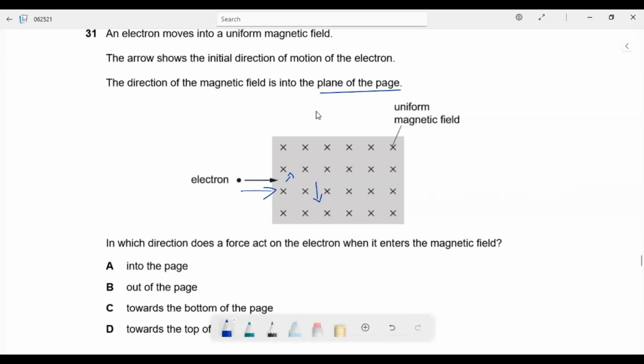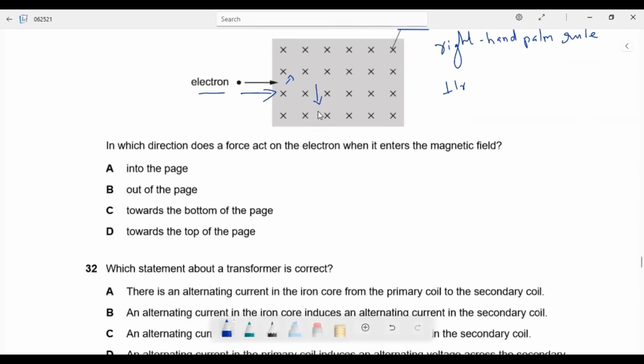That is using the right hand palm rule. The force on the electron will be acting perpendicular to both the direction of electron velocity and direction of the magnetic field. So it will be pointing towards the bottom of the page. The right answer is C.